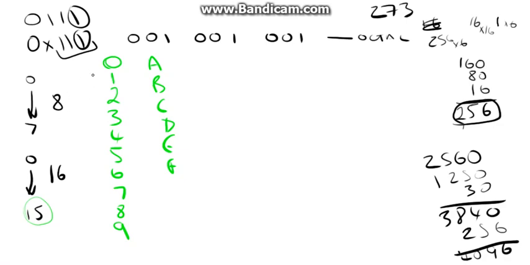So we want to try and represent 1, 1, 1. So we need 4 digits to represent 15 in binary, which is, again, we'll draw it 1, 2, 3, 4. I'll fill in the zeros.